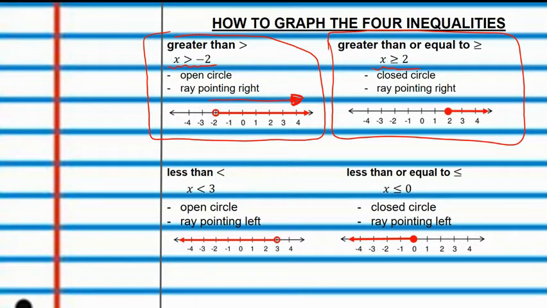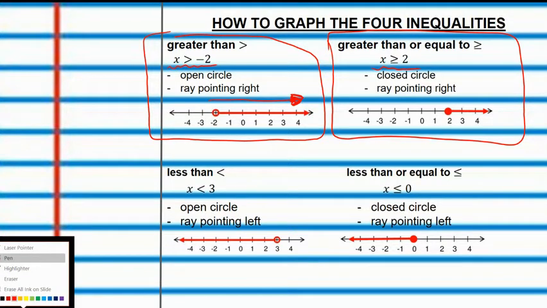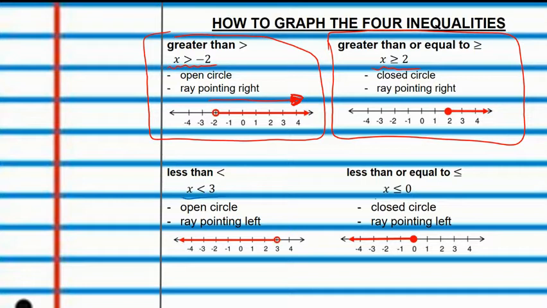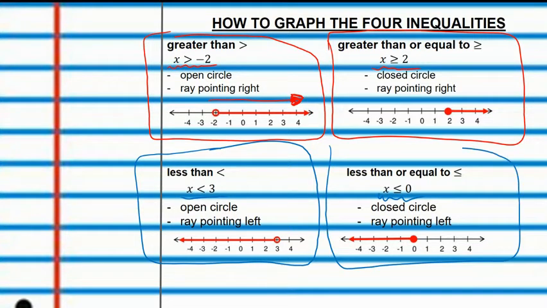because 2 is equal to 2. For less than, we have x is less than 3, and x is less than or equal to 0. And again, if you look at the two examples, both of these examples are pointing to the left.